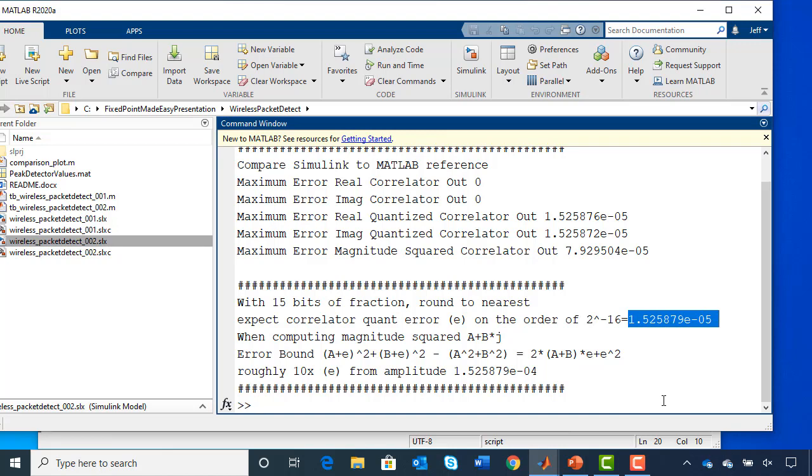So exactly as predicted. Now, when you go to the output of the magnitude squared, and I did put a little bit of a derivation in there, it's going to be a bit more. It should still be on the order of 10 to the minus 5, but keep in mind you're squaring something that already has a little bit of quantization error, so it would build up a bit. And I think it's a little bit out of the scope of today's discussion, but I did put in a little bit of explanation for that as well.